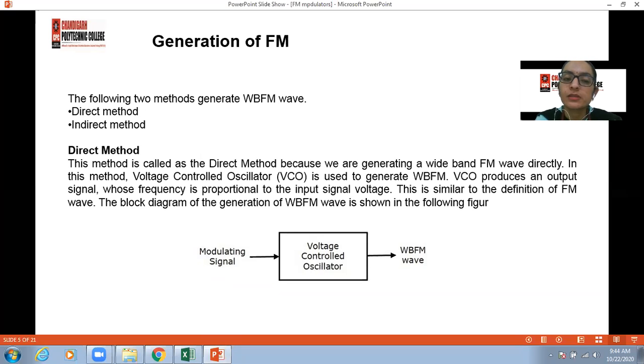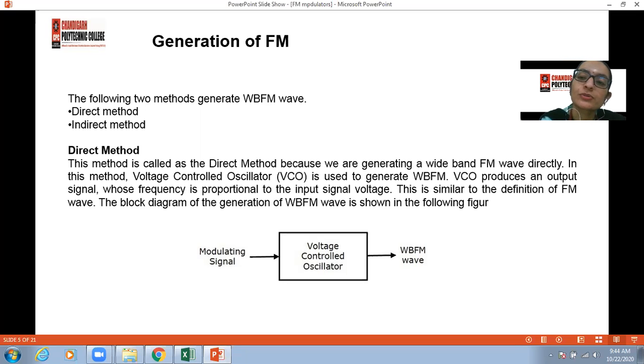The direct method is called direct because we are generating a wideband FM directly. In this method, a voltage controlled oscillator is used to generate the wideband FM, and a VCO produces an output signal whose frequency is proportional to the input signal voltage. This is similar to the definition of an FM wave.